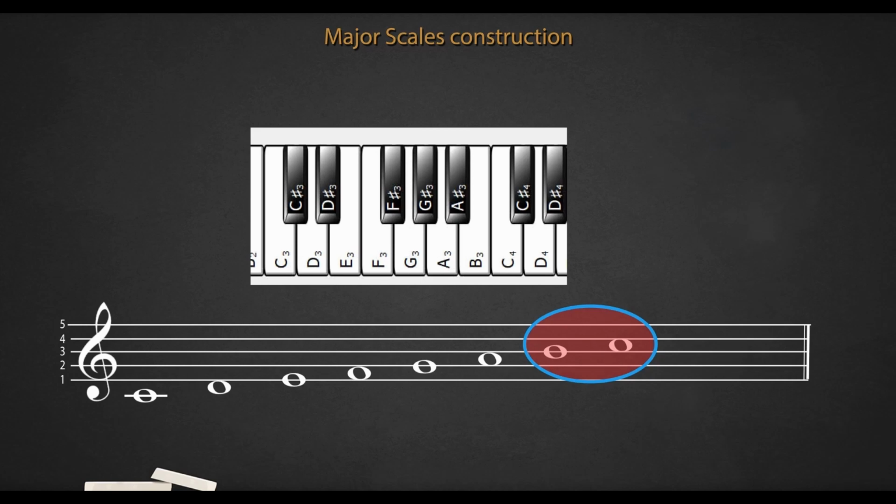Listening to these notes, we see that there is a feeling of ending, finale. That's because the seventh note, that is called the leading tone, is always a semitone from the tonic. And that's what we have to keep in mind, because it's gonna be our tool to find all the major scales with sharps.